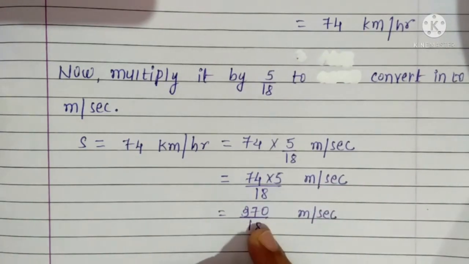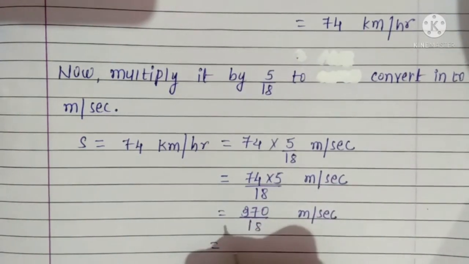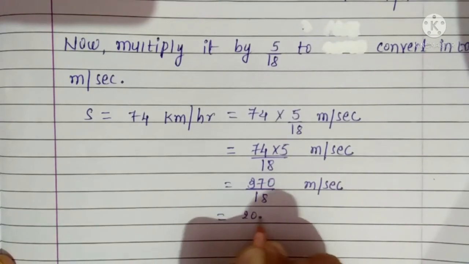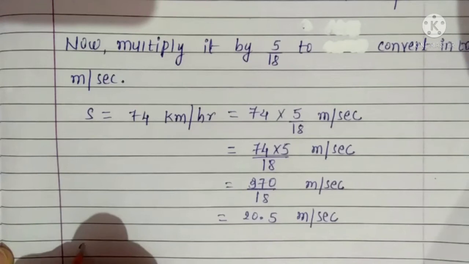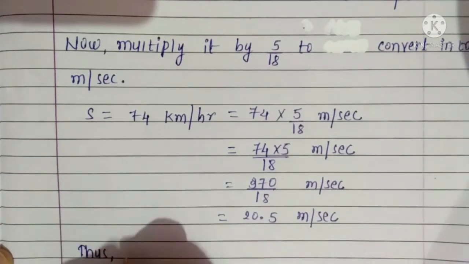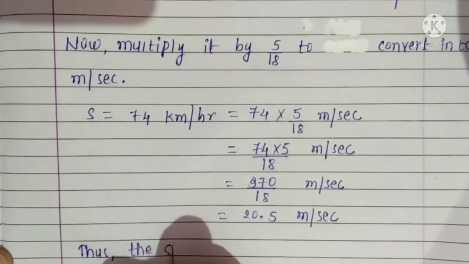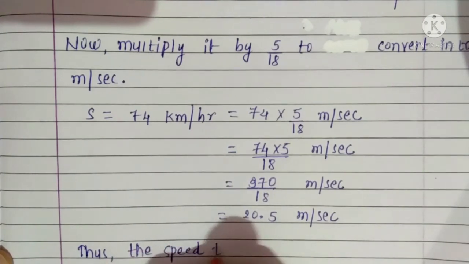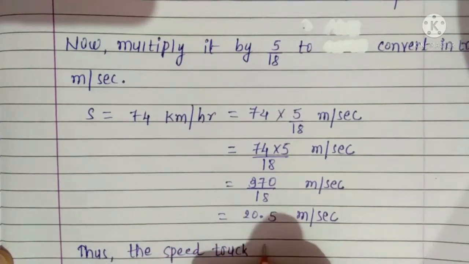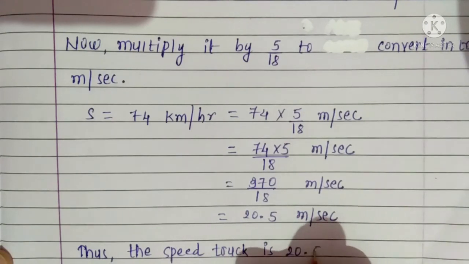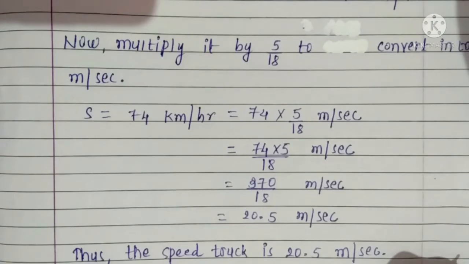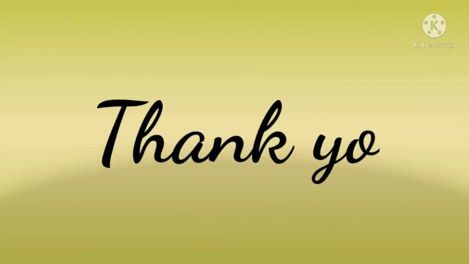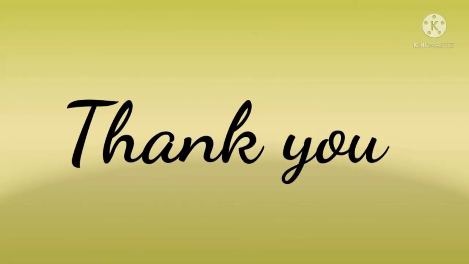On dividing 370 by 18, we get answer 20.5 meter per second. Thus, the speed of truck is 20.5 meter per second. Here we completed the activity 2 of chapter 6. Thank you one and all.